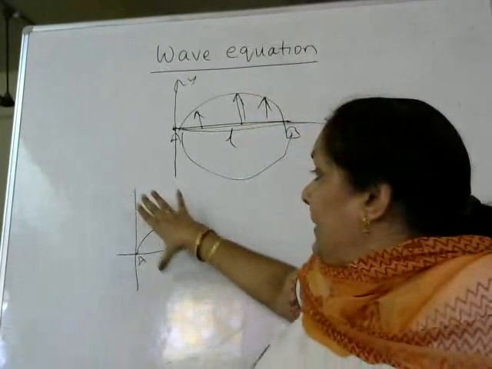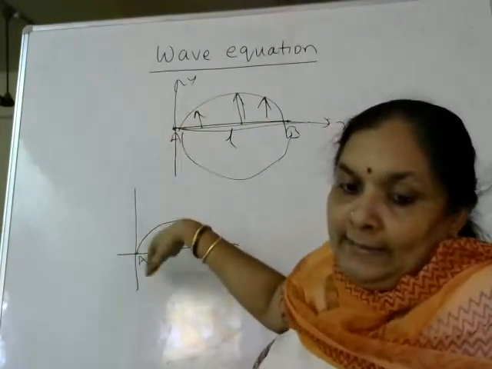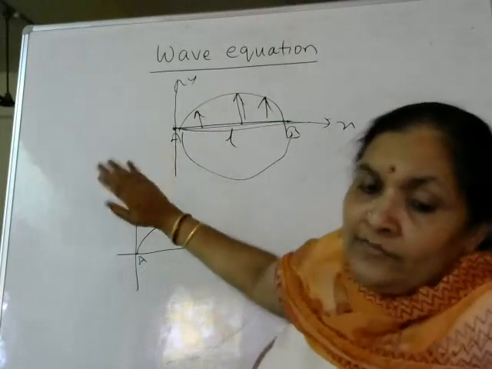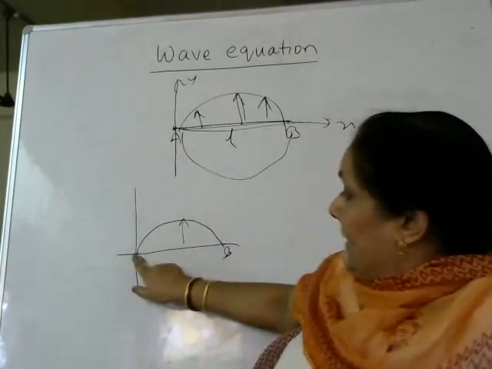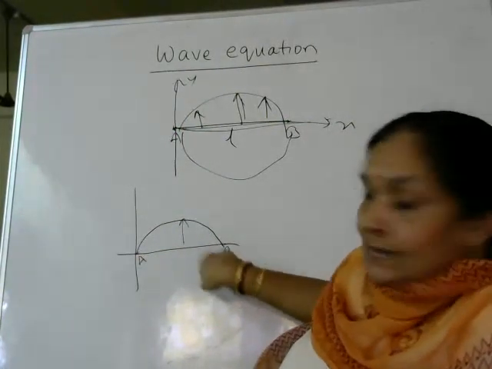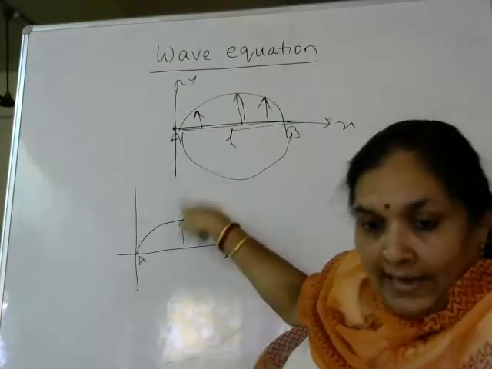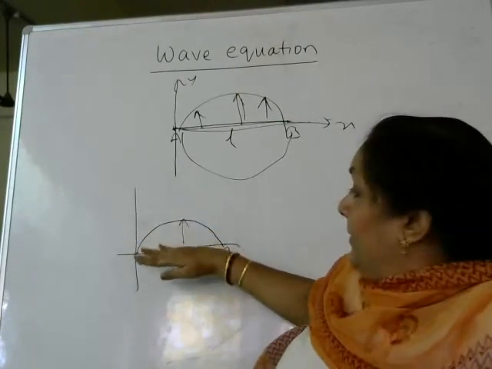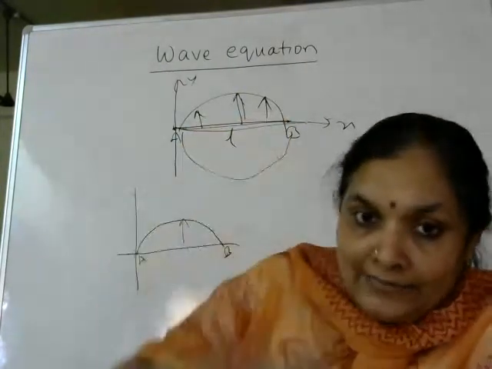Next, the string is initially at rest and then it is made to vibrate. Taking this end as the origin, the length of the string is on the x-axis and the displacement on the y-axis, so the movement of the string is completely in the xy plane only.